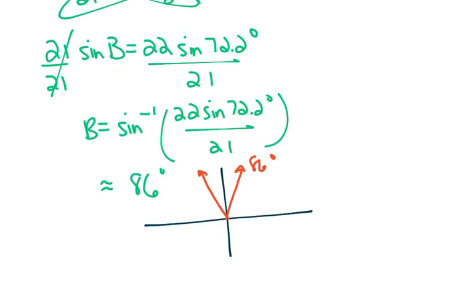So the reason a second solution could occur is because the calculator only gives you answers in quadrant 1 or 4 when you do an inverse sine. For triangle problems, you will always be taking the inverse sine of a positive number, which means you'll always get a first quadrant answer. You will never get one in quadrant 4.